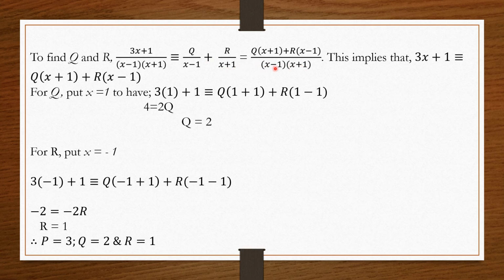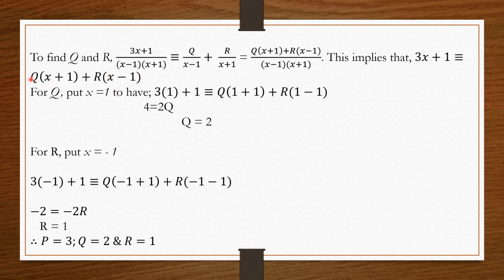I have x minus 1 remaining, so multiply by r. We have r bracket open x minus 1, and this tells us that q(x plus 1) plus r(x minus 1) is equivalent to this remainder 3x plus 1. So that is what I have here, that 3x plus 1 is equivalent to q(x plus 1) plus r(x minus 1).